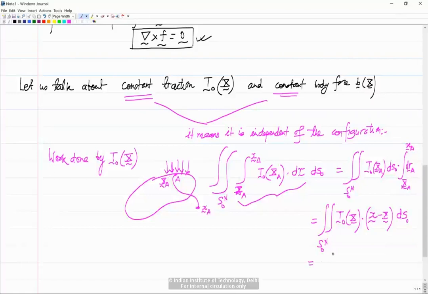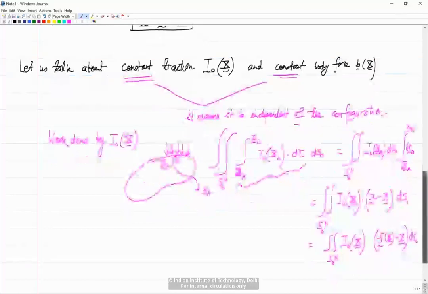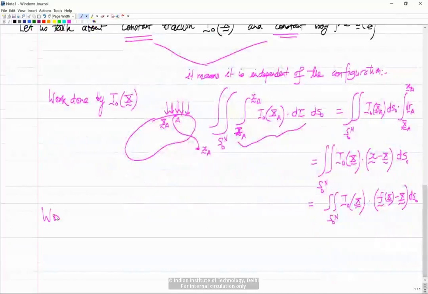Which you can also write as T naught of big X dot with small f of big X minus big X ds naught, isn't it? Similarly, work done by b naught of x.